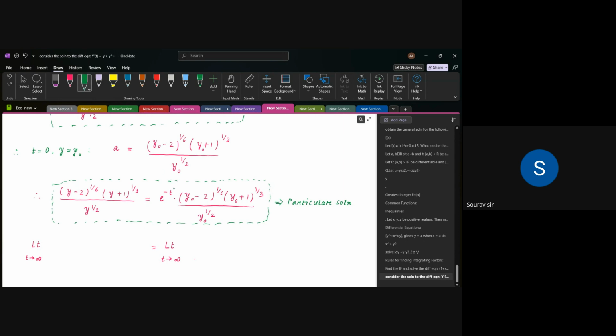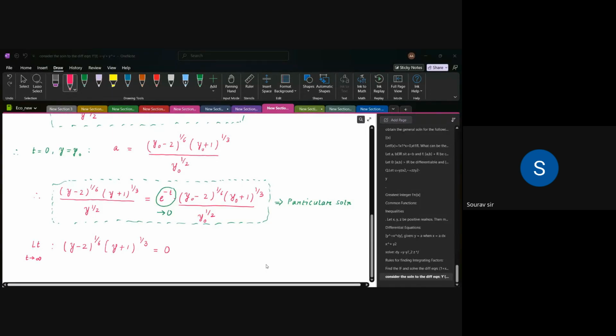It will tend to zero. That means the entire RHS will become 0. So if the entire RHS is becoming 0, then the numerator on the left hand side should ideally be 0, right? So that means under the limit t tends to infinity, (y minus 2) raised to the power 1 by 6, (y plus 1) raised to the power 1 by 3 has to be 0. Correct?